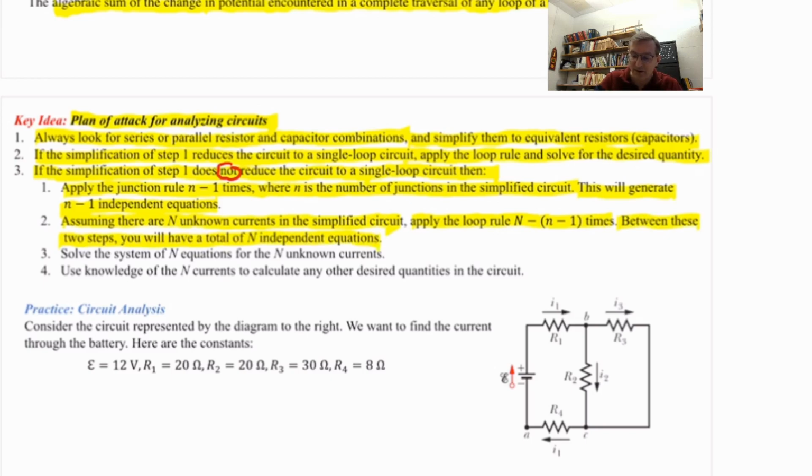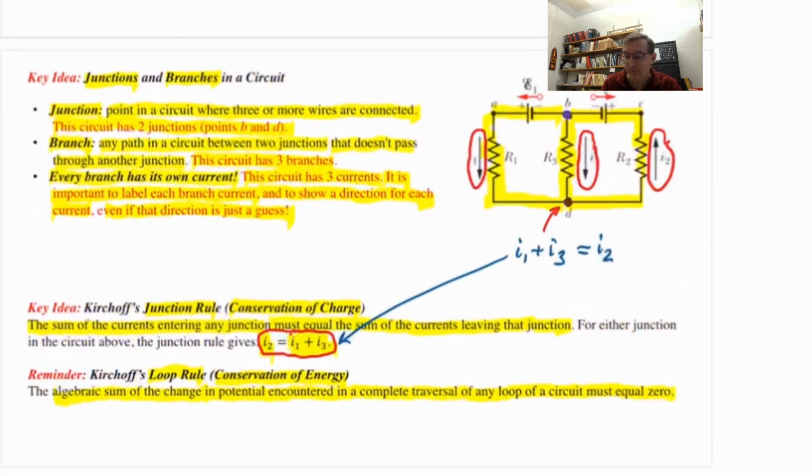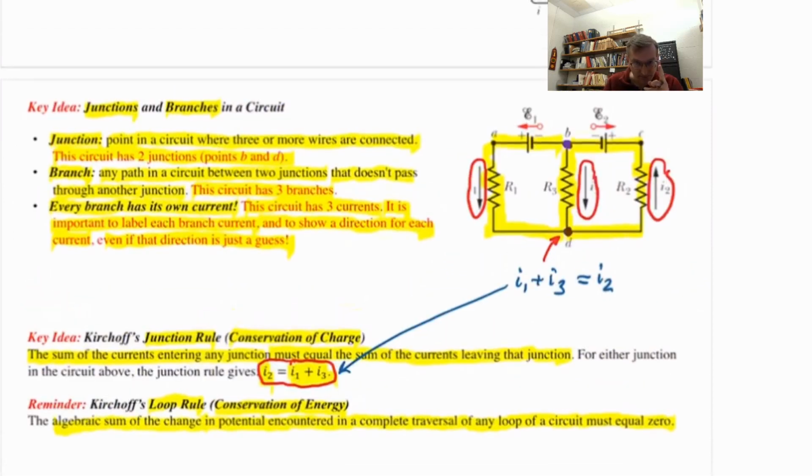So in that previous circuit up above, right there, we have, to remind you, 2 junctions, so little n is 2, and 3 branches, each with its own current. So big N is 3.